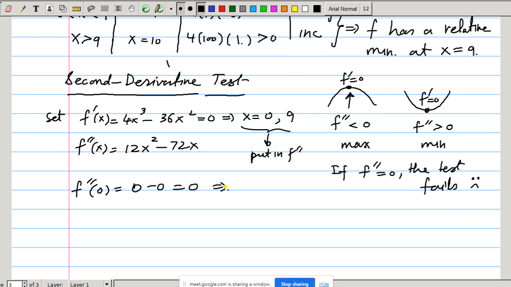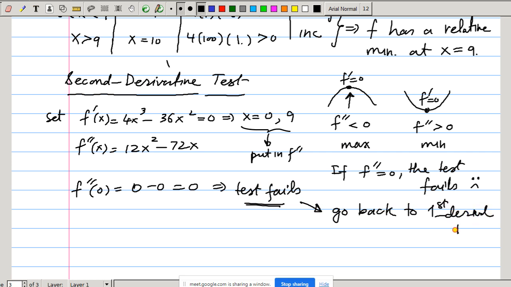So you see, the test fails. I cannot say that there is no maxima minima there. So it means go back to the first derivative test and see what is there. This is the issue with this test.